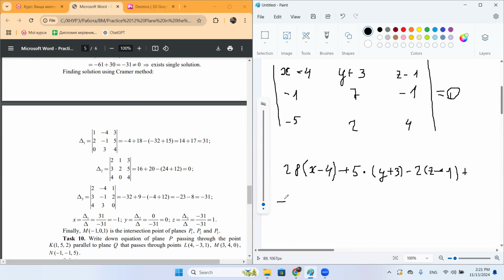Then plus 35 times z minus 1, plus 4 times y plus 3. Okay, more space. And plus 2 times x minus 4.